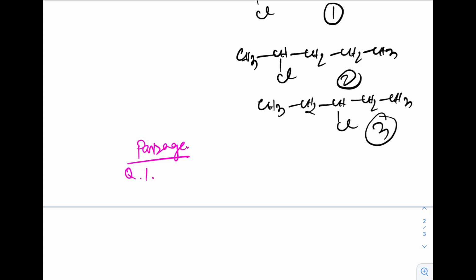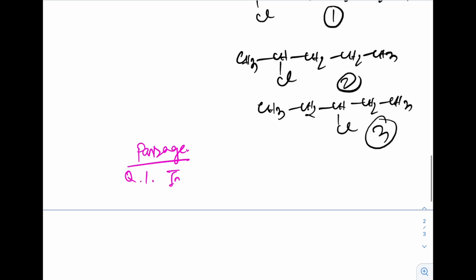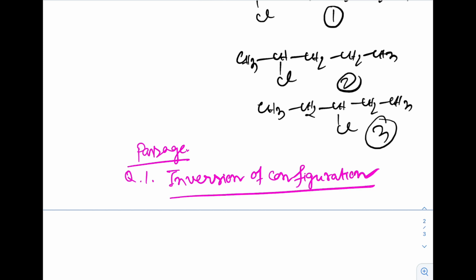If SN1 happens, then racemization of the product takes place, a racemic mixture of the product. That will be the answer.